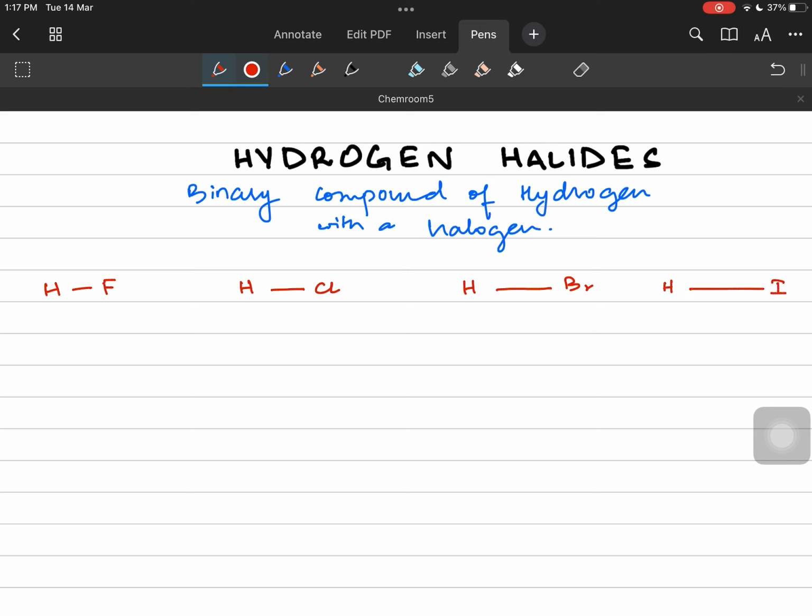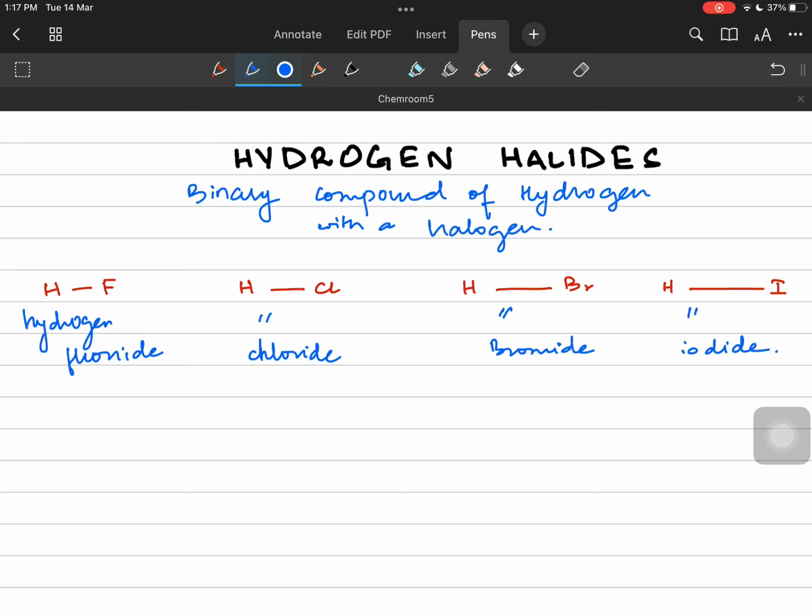You can see I am drawing them with longer lines. I'm trying to make a point here. You will see later. So we have hydrogen fluoride, hydrogen chloride, then hydrogen bromide, which is HBr, and hydrogen iodide is HI.